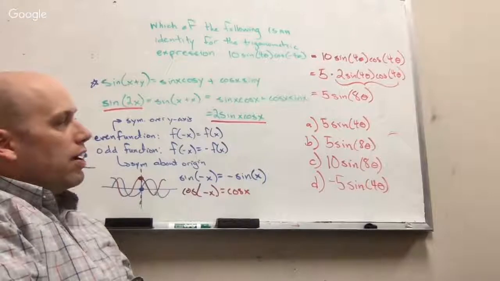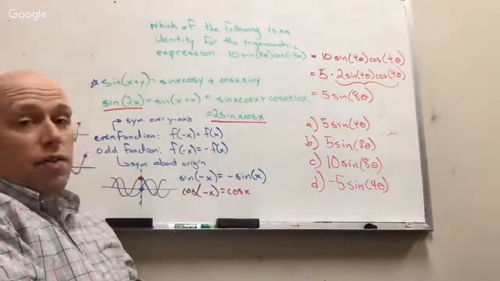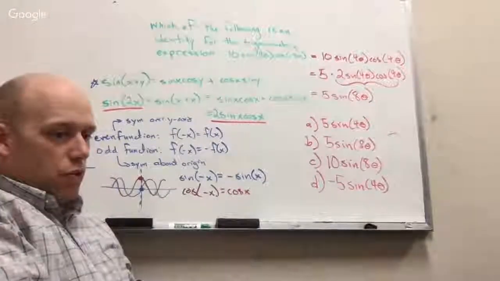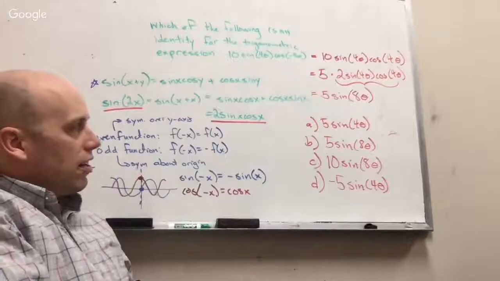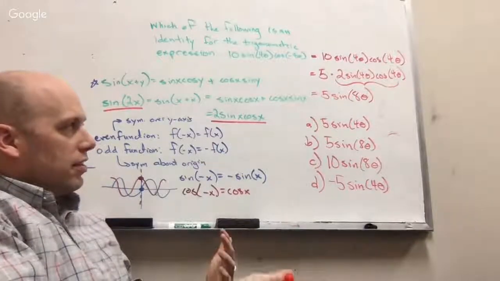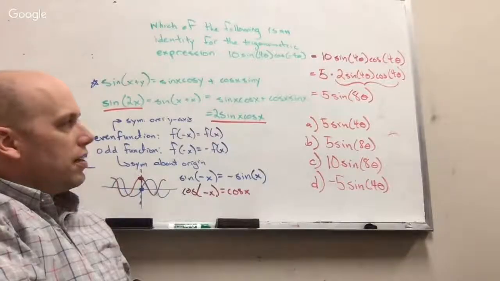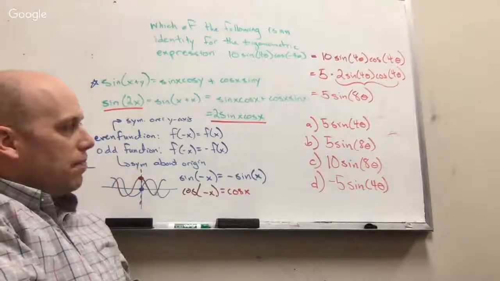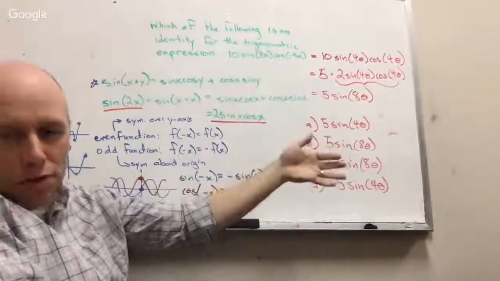For example, you would want to do pi over 2, because 4 times pi over 2 gives you 2 pi, and 8 times pi over 2 gives you 4 pi. You might not want to do something where sine's going to give you 0, because they're going to match up in that case since you're going to get 0 for both of them.